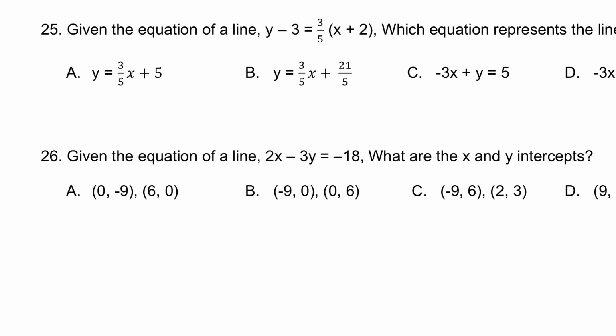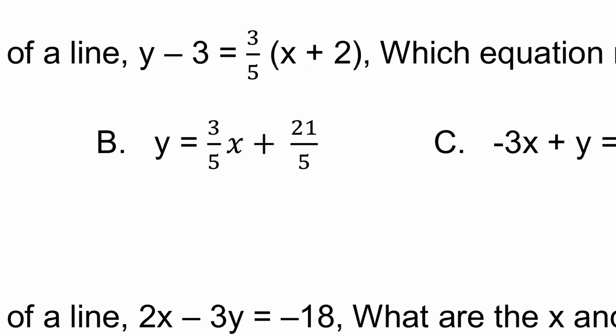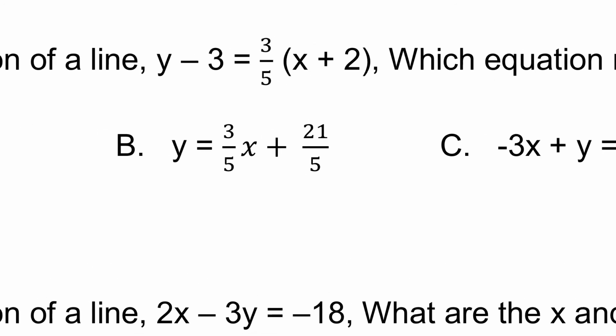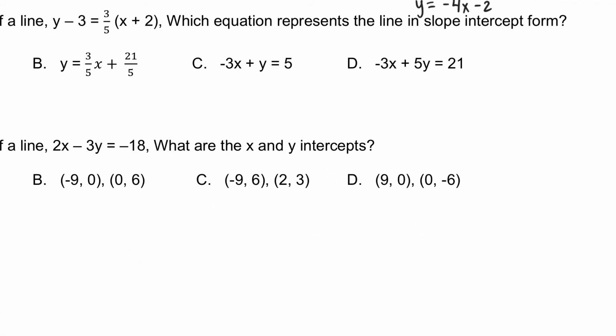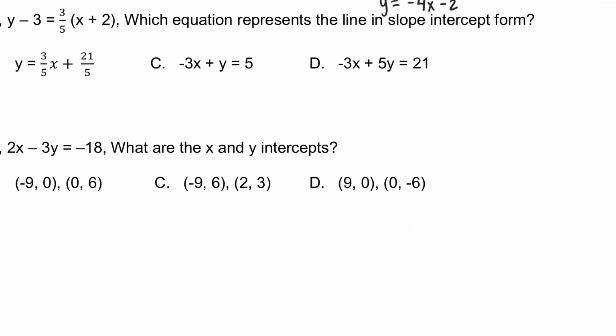25. Given the equation of a line, that's point slope form, by the way, right there. Which equation represents the line in slope intercept form? So all you have to do on this is get the y all by itself here and figure out what it is in slope intercept form. So we have y minus 3 is equal to 3/5 x plus 2.